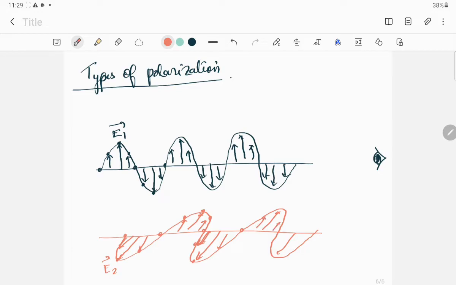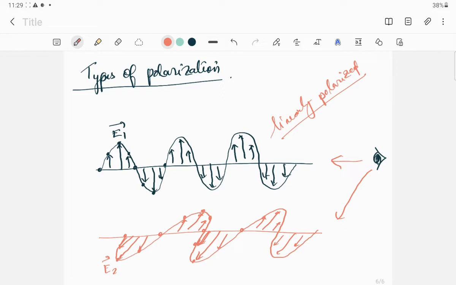Now the observer is seeing both of them together. Both these lights are coming together, and both are linearly polarized, but you can see that their orientation is different. If one is along the x-axis, another one is along the z-axis or y-axis.